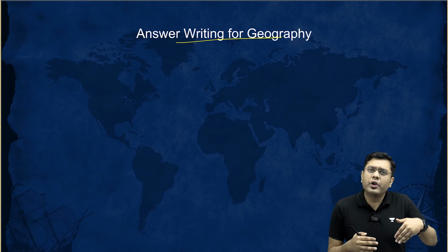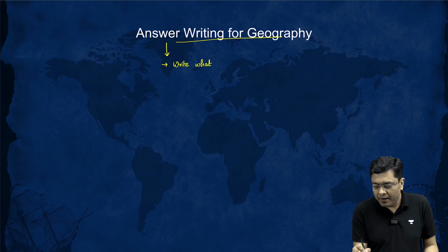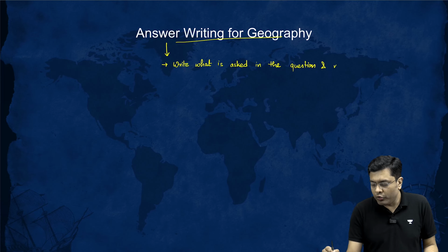So what can be done? So few points to keep in mind when we talk about answer writing. The first point, the most basic point where the candidates end up committing mistake, is ensure that you write what is asked in the question, and not what you know.